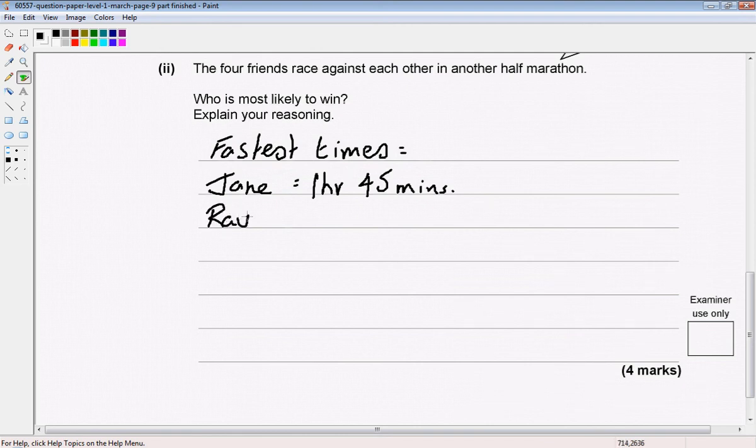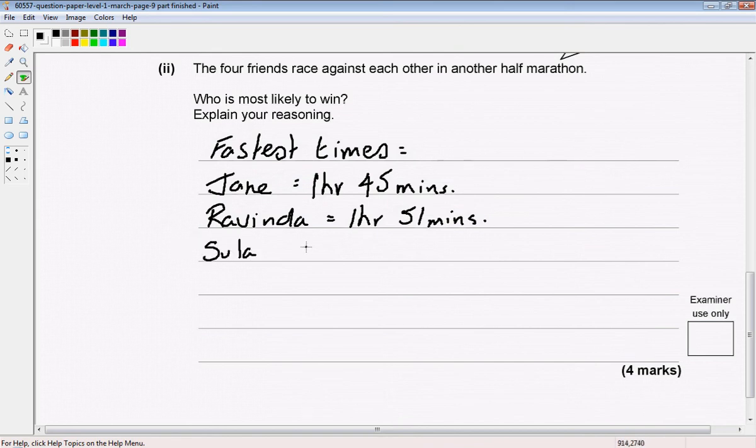Ravinda, now she ran 1 hour and 51 minutes.